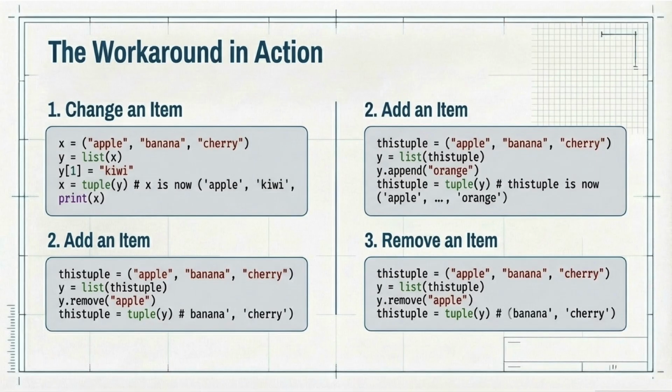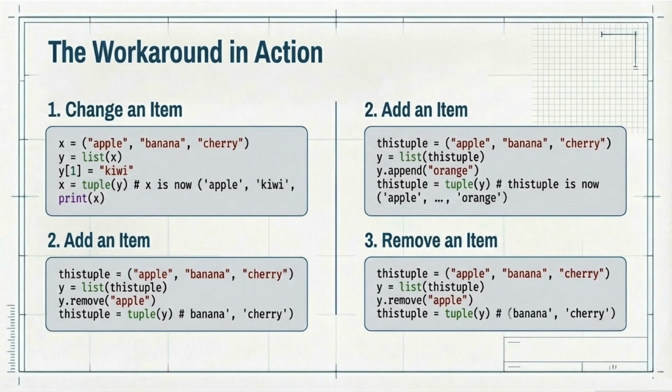This tuple is first converted into a list using y = list(x). Then the element at index 1 is changed to kiwi using y[1] = "kiwi", and finally converted back into a tuple with x = tuple(y), resulting in apple, kiwi, cherry.